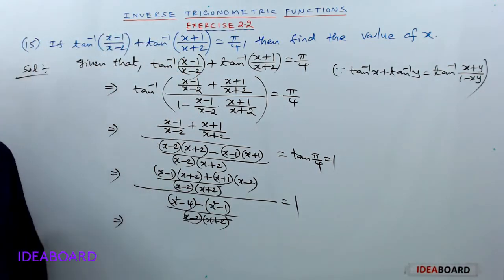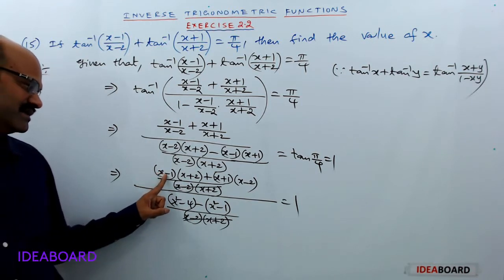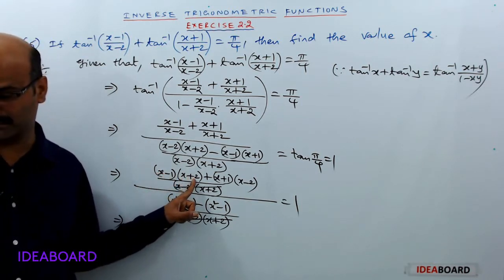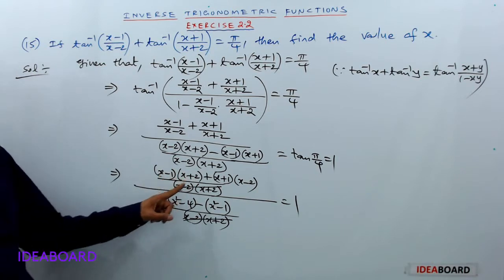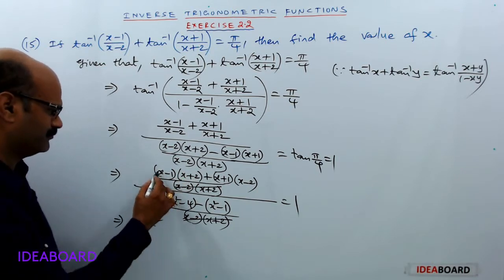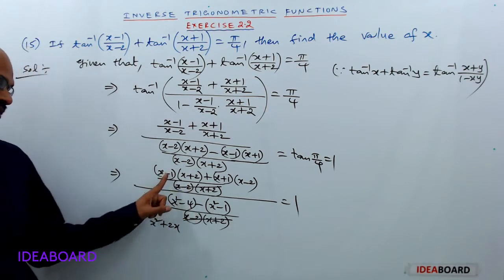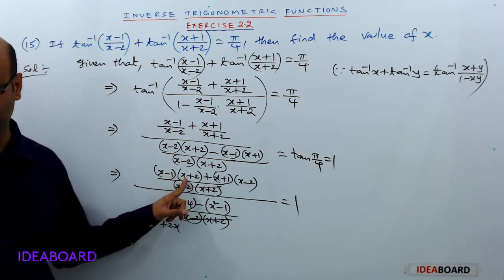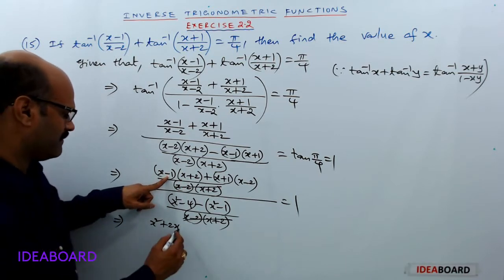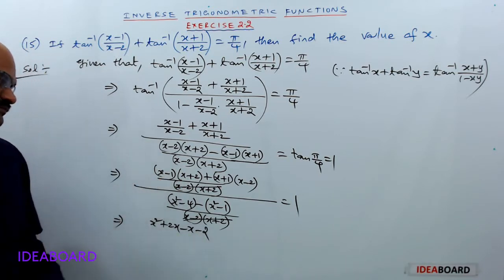It implies multiply x minus 1 with x plus 2. Then we get x square plus 2x, multiply minus 1 with x plus 2. Then we get minus x minus 2.